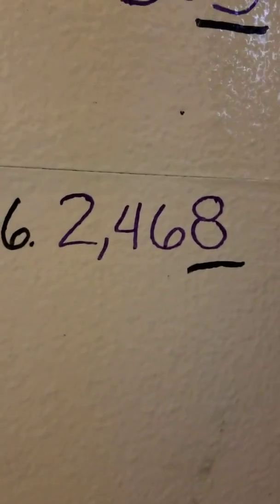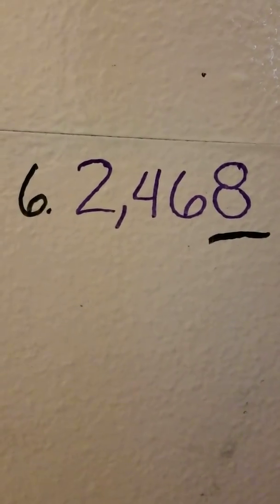Lastly, I threw this number in here, 2,468, because these are almost all of the numbers that we have to check to see if the number is divisible by 2. Remember our numbers are 0, 2, 4, 6, and 8. Since this number ends in the number 8, we know that 2,468 is also divisible by 2.